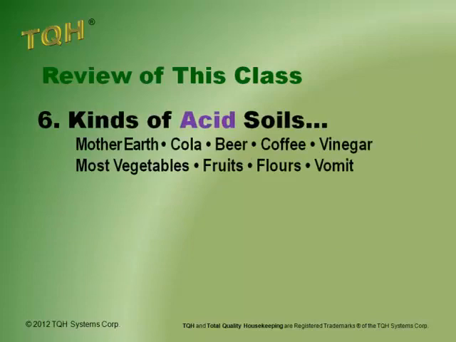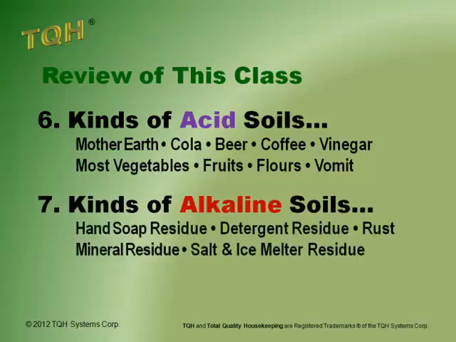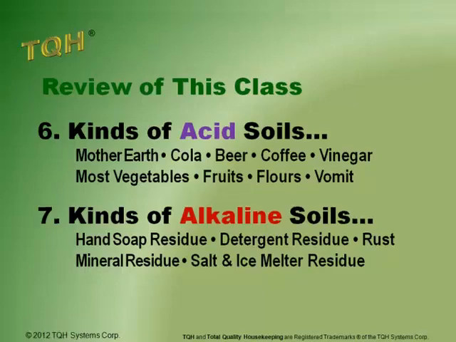Kinds of acid soil: Mother Earth, cola, beer, coffee, vinegar, most vegetables, flour, and vomit. Kinds of alkaline soils: hand soap residue, detergent residue, rust, mineral residue, salt and ice melter residue.